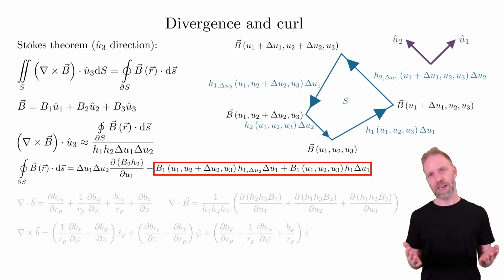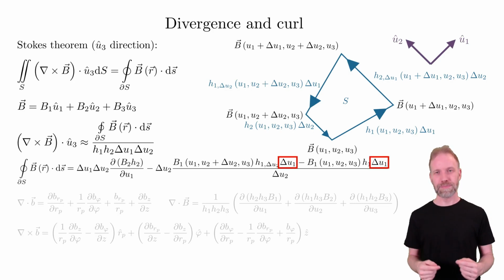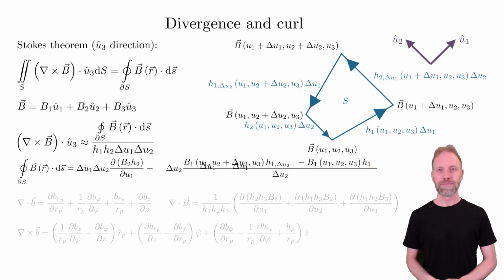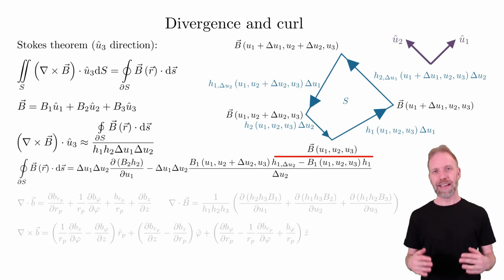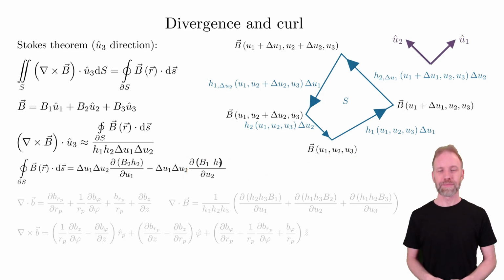We repeat for this term. Multiply and divide by delta u2. Place delta u1 in front. And identify as the partial derivative with respect to u2.